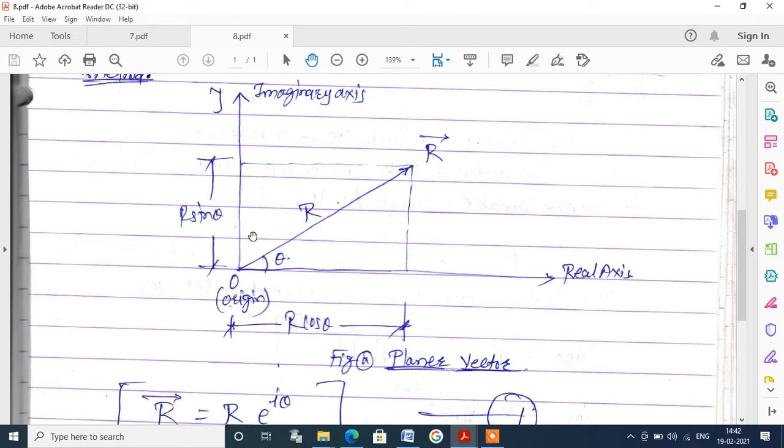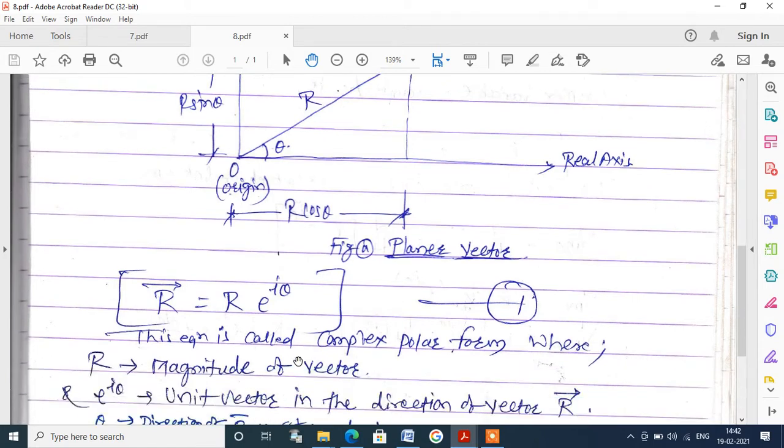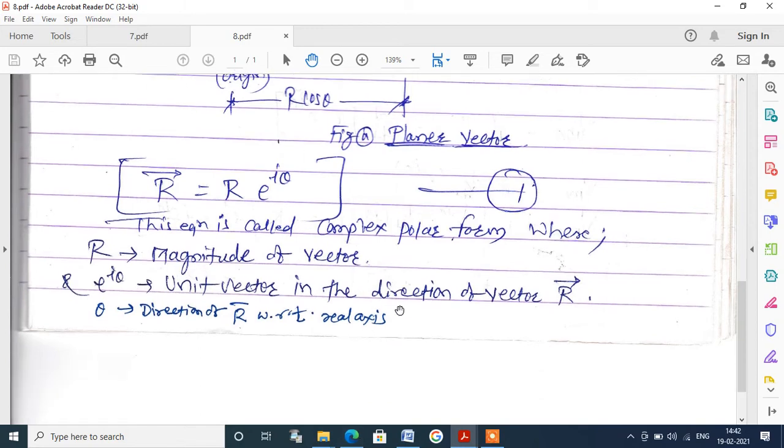So this can be represented as R bar equal to R e raised to i theta. This equation is called the complex polar form, where R is the magnitude of the vector, e raised to i theta is the unit vector in the direction of vector R bar, and theta is the direction of R bar with respect to the real axis. Okay, you know these things.